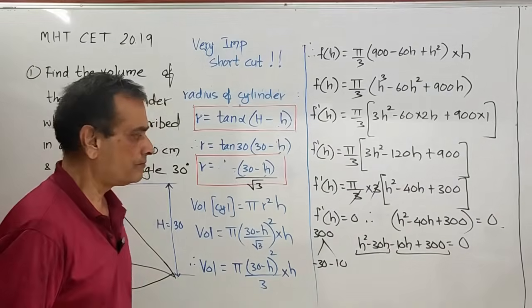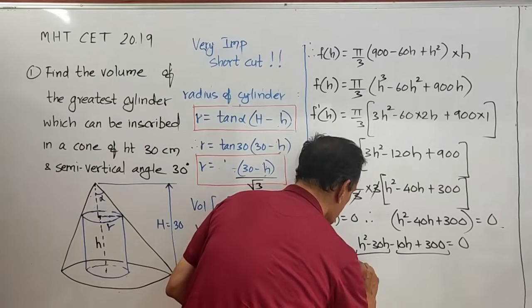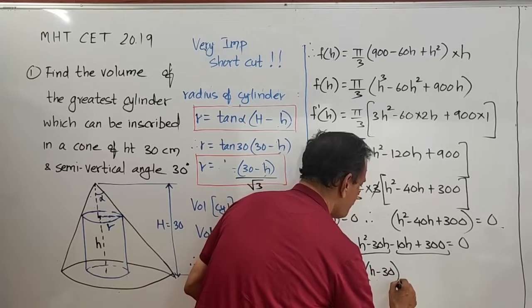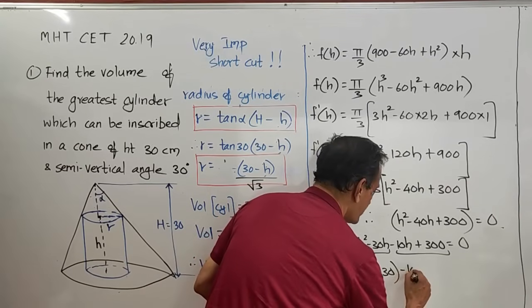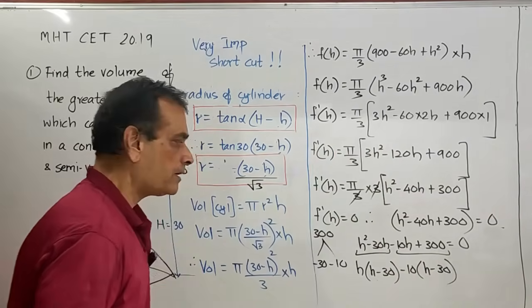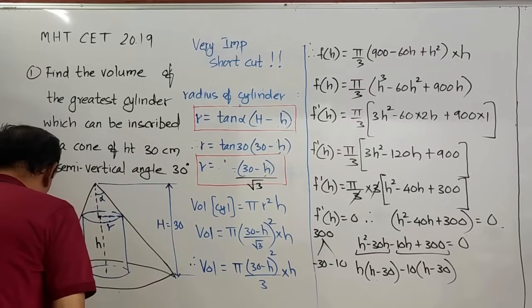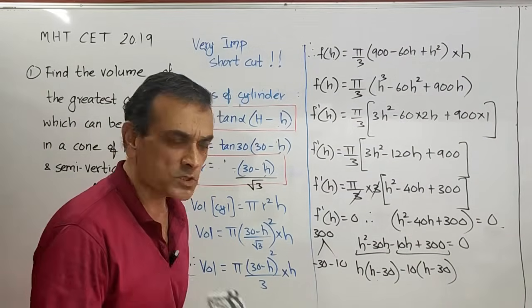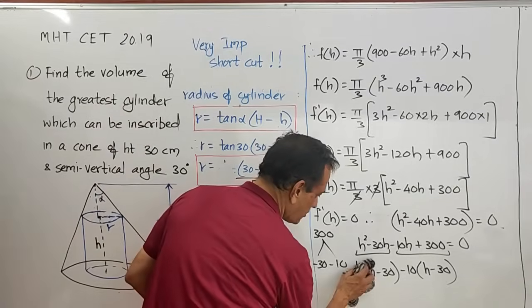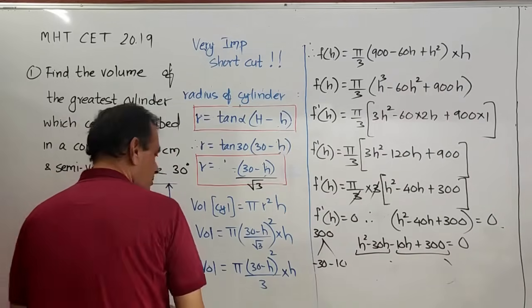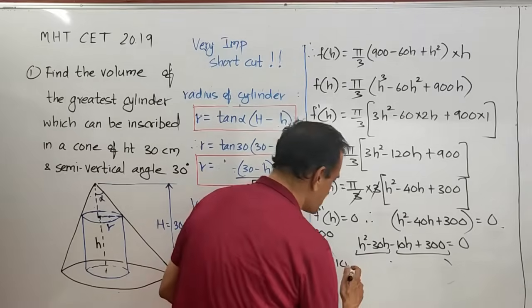Do the factorize. h into h minus 30, minus 10 into h minus 30. Now, once you know that -30, -10 are factors, there's one more small shortcut. You don't need to write this. Directly, as I just explained, you can write h minus 30, h minus 10.